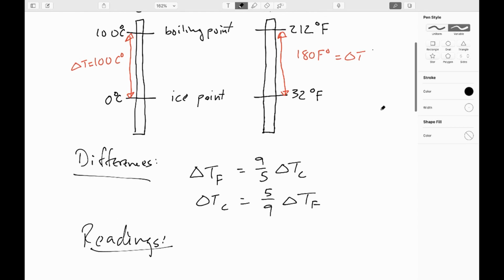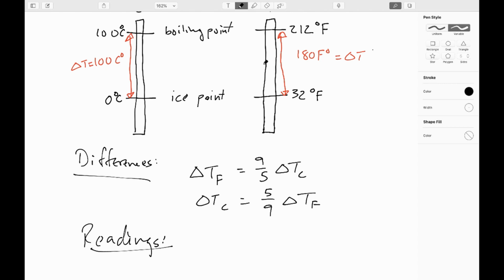So when you convert temperatures, it's going to be a two-step process. If you're going from Celsius to Fahrenheit, let's say, the first thing you're going to do is take whatever your reading is, let's say it's 50 degrees C, and find out how many Fahrenheit degrees there are. The difference from 0 to 50 is 50 C degrees.